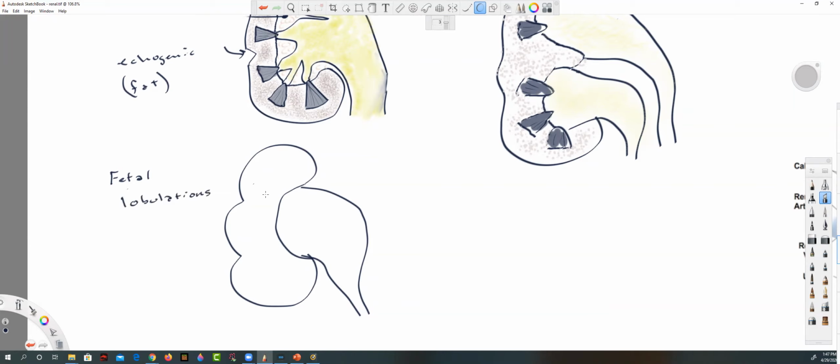You can see that there are several different original buds that grew together and just failed to come together. Even more than a junctional defect, the entire section is separate. So those are fetal lobulations.